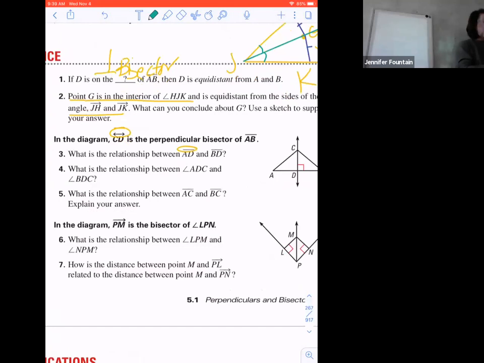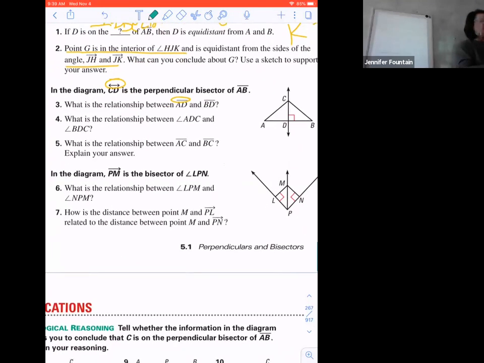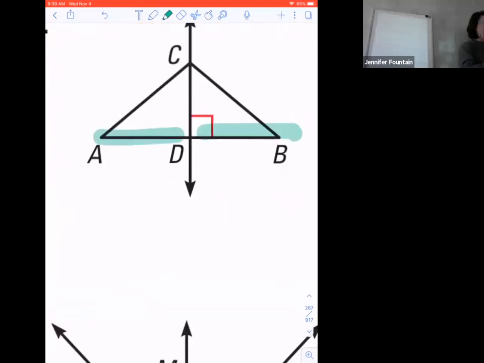Now let's look at 3 and 4. They've given us our diagram. And it says that CD is a perpendicular bisector of AB. Therefore, we know that it intersects at right angles. So if I'm looking at AD and BD, what do I know about those two sides?